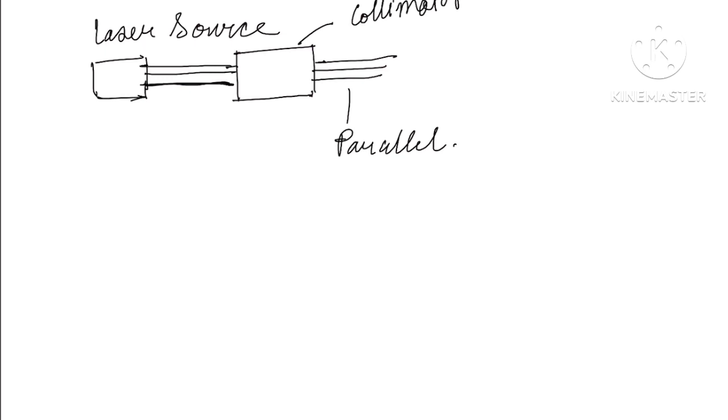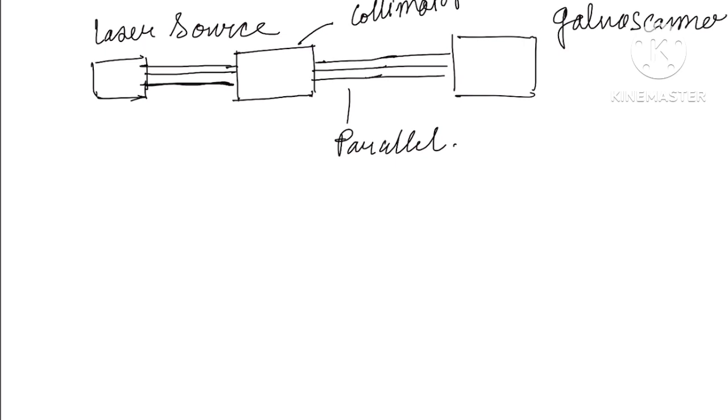The next component in this beam delivery system is the galvo scanner. This is a very crucial and important component of this LPBF system, because of this galvo scanner, we basically achieve the micron level accuracy and the rapid printing. How?